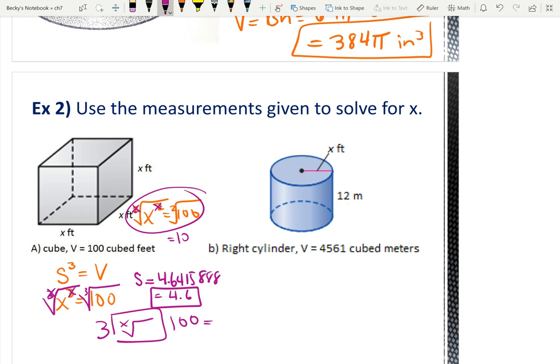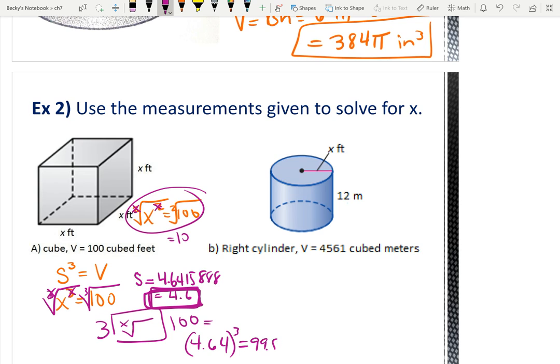Okay, so this was a weird one. I just wanted to show you how it worked. The answer rounded is 4.6. Now, on a side note, let's see how much better of an answer we get if we say our answer is 4.64. If I cube that, 4.64 to the third, guys, that's such a better answer.